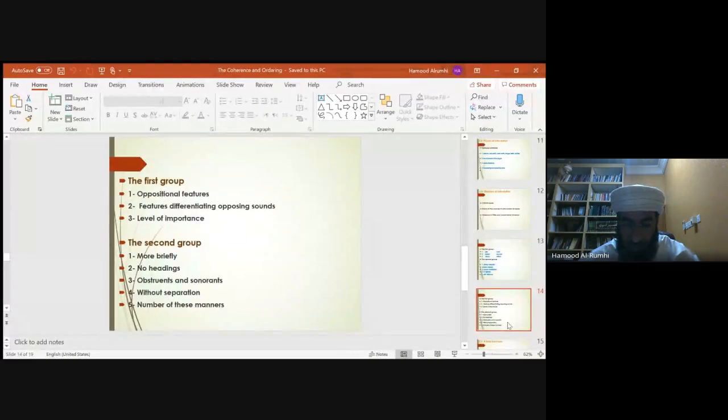Some of them include features of sound related to morphology, involving morphological rules, rather than phonetic and phonological aspects of the phonemes.